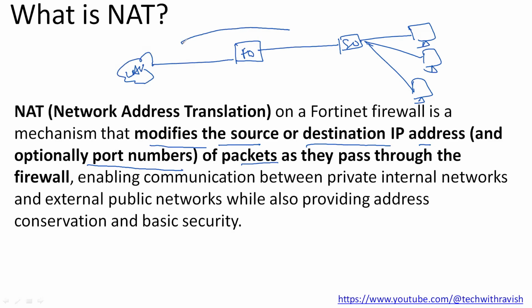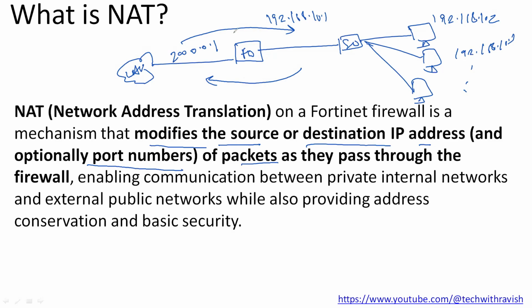So when the traffic comes into the firewall and goes outside, it translates the public IP address, like 200.0.0.1, to the private IP address range: 192.168.10.1, 192.168.10.2, 192.168.10.3, and so on.